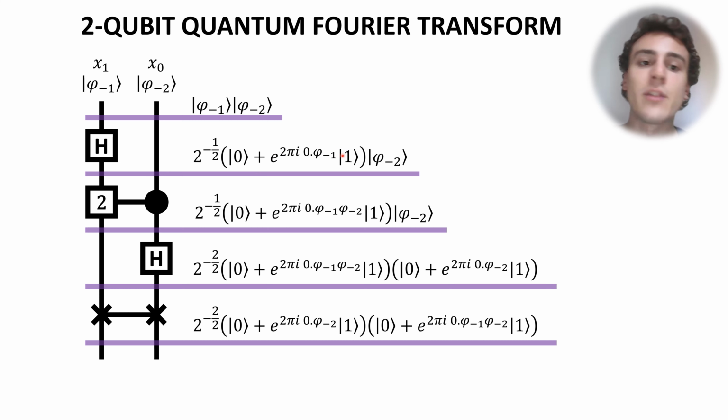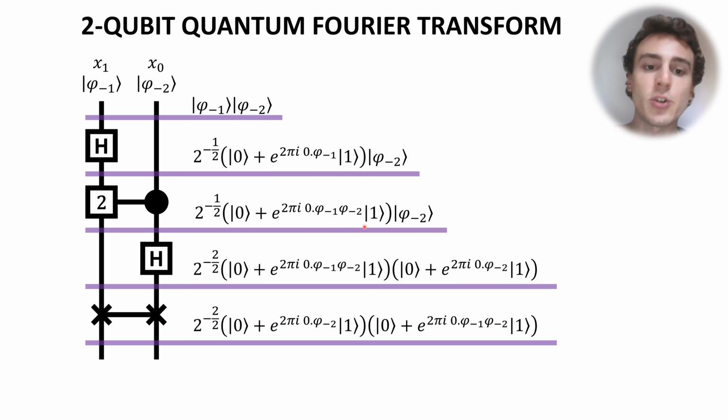We're going from the Pauli Z eigenbasis to the Pauli X eigenbasis. And we can see the bit phi sub minus 1 appearing in this exponential factor over here. That's the relative phase factor in this superposition. So this bit is the same bit that labels the initial state of qubit 1. Now let's have a look at the next snapshot.